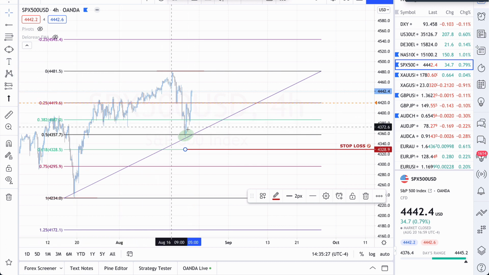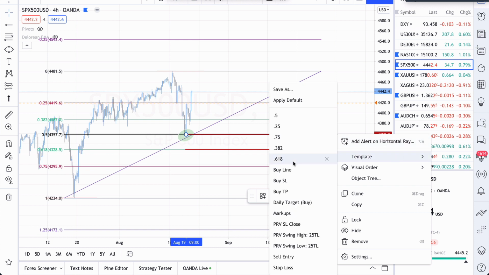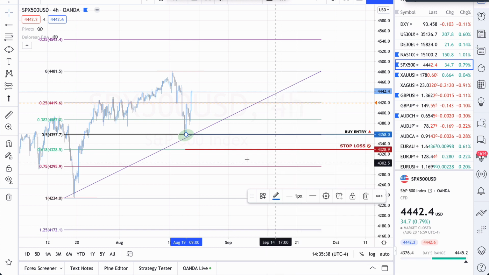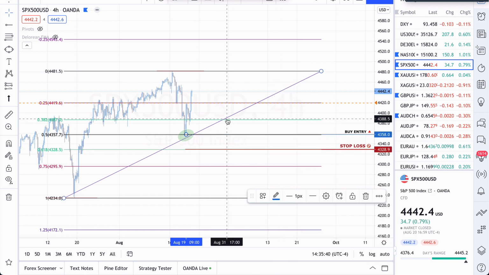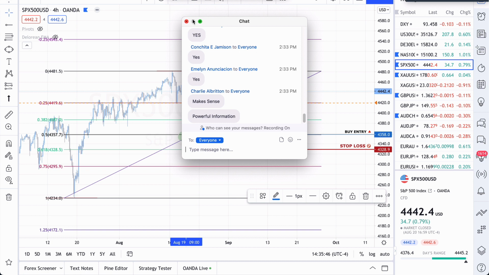The entry is the 50%. This will be my entry on the buy. You can target the fib levels on the way up. Is that making sense so far? Let me know if that's making sense in the chat.